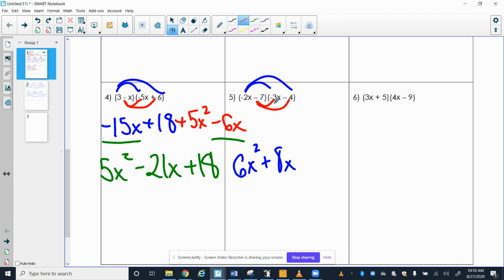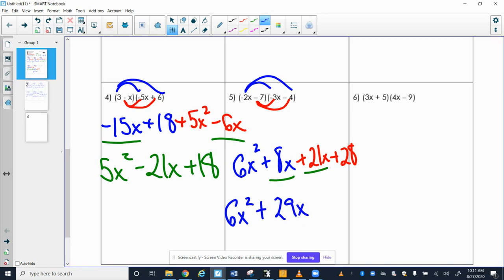Negative 7 times negative 3x, that'd be plus 21x. Negative 7 times negative 4, plus 28. Now we look for our like terms. So we have an 8x and a 21x. So final answer would be 6x squared plus 29x plus 28.